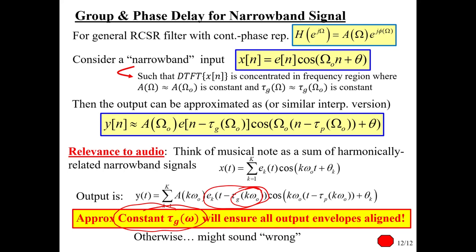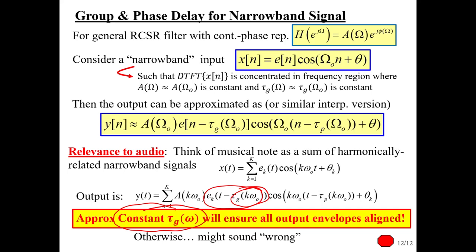If that's not true, then we'll get harmonics whose individual envelopes will no longer be aligned, and it might sound not right. You'll have certain harmonics starting a little bit earlier and other harmonics starting a little bit later, and that might not sound good. I'm not saying it's wrong to do it.